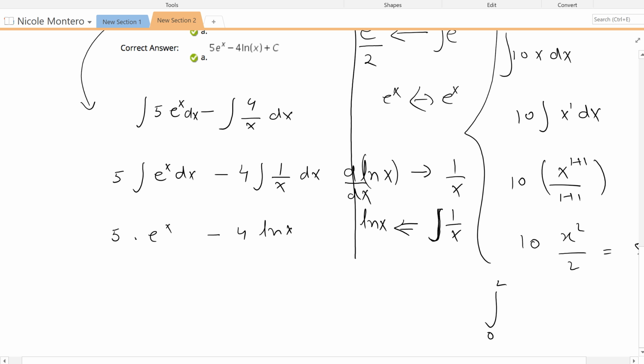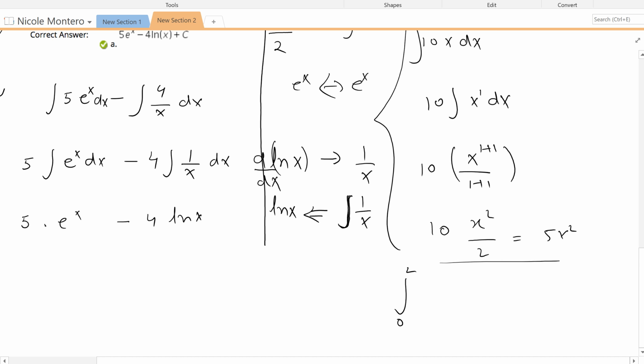If you have some function and dx, for example a parabola, the antiderivative with those limits 0 to 2 means you are finding the area under that curve.